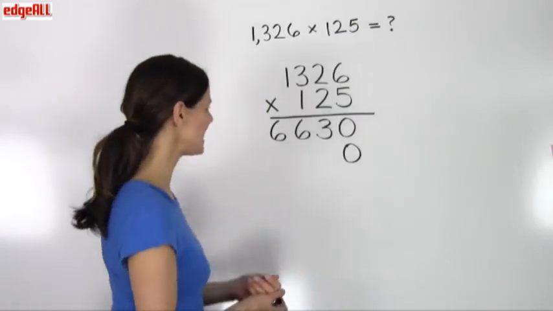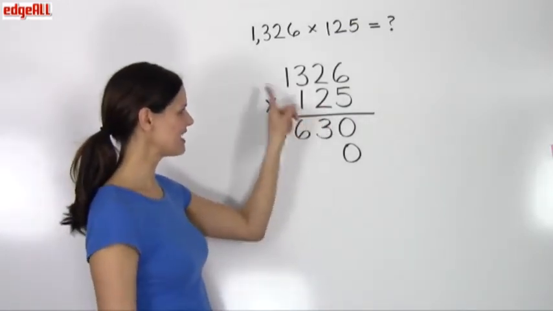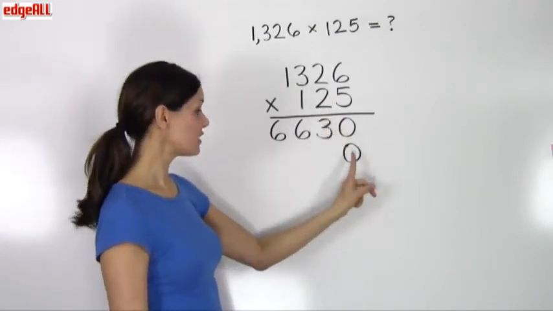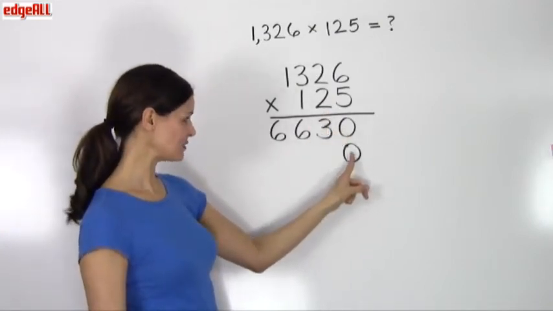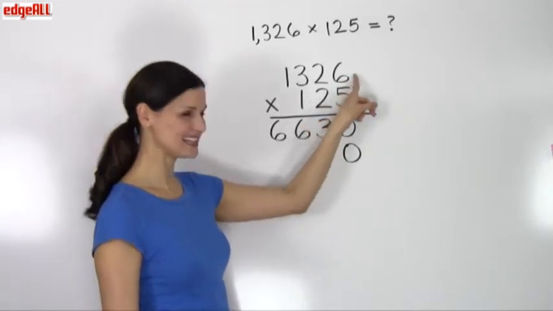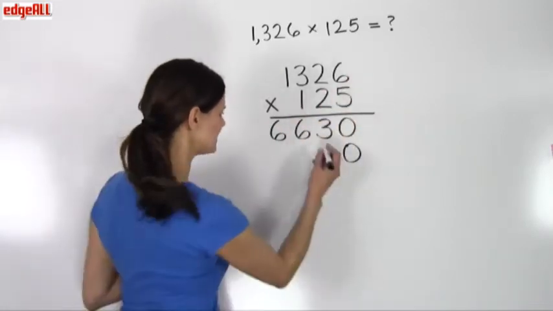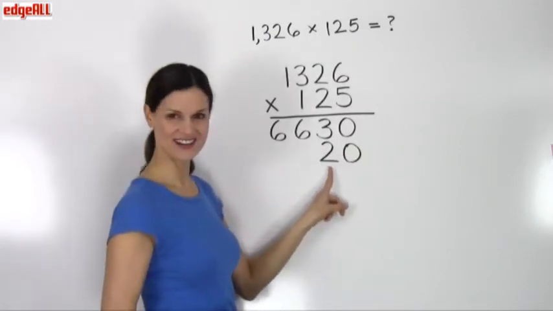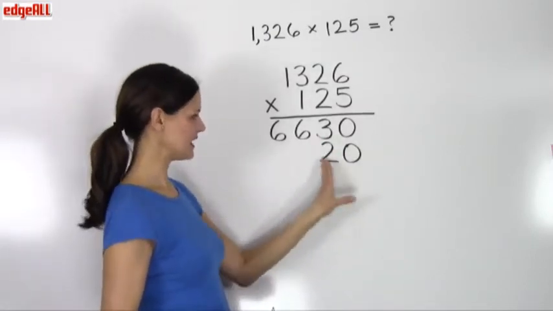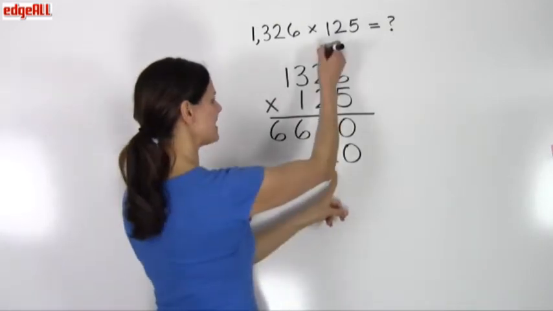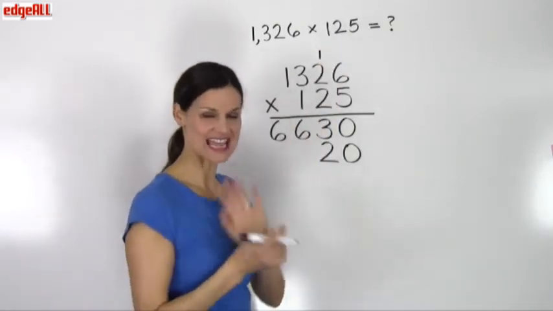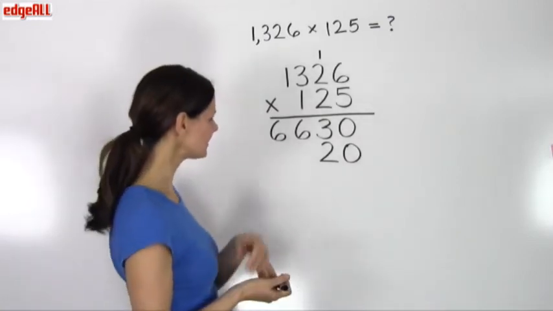So let's get to work now on multiplying everything on the top number by the 2 here in the tens place. So I've placed my 0 and now I can get to work. 2 times 6 equals 12. So I'm going to put the 2 of my answer 12 here, and I'm in the tens place, and I'm going to put the 1 of my answer 12 here in the next highest place value column.